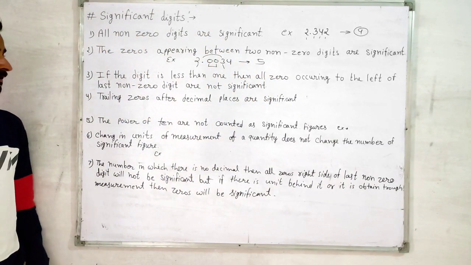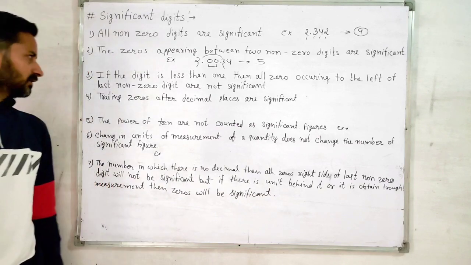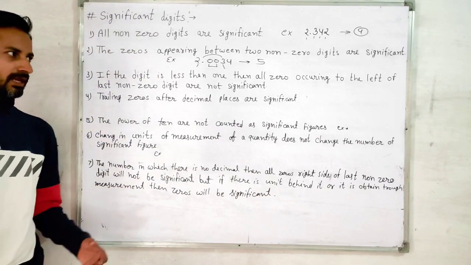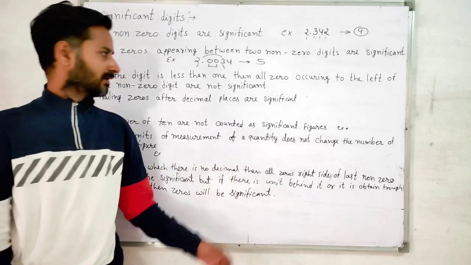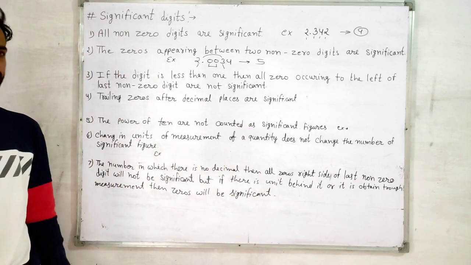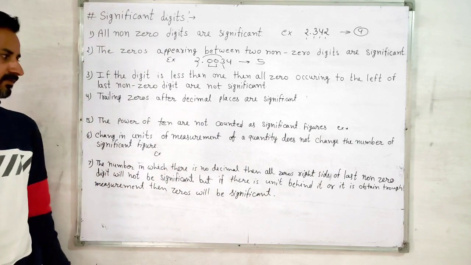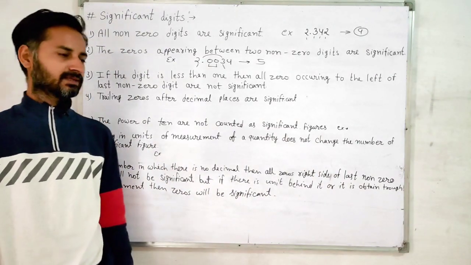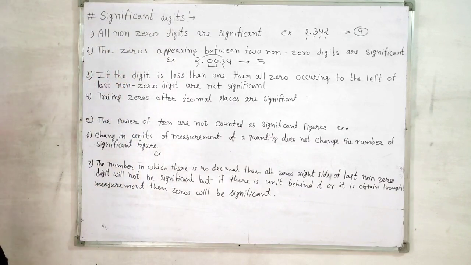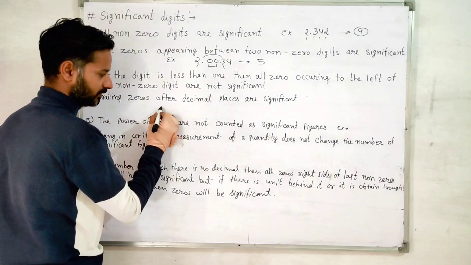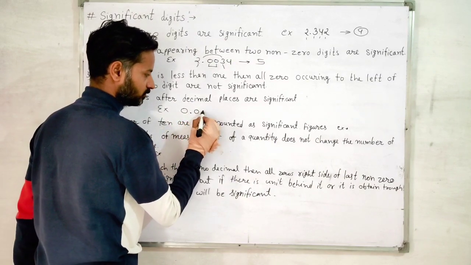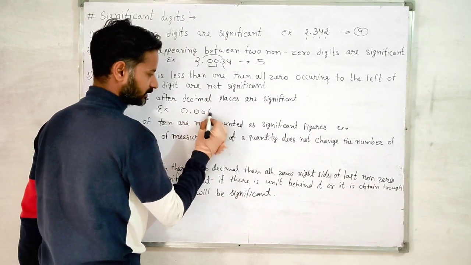Third and fourth rules: if the number is less than 1, then all zeros appearing to the left of the first non-zero digit are not significant. And the fourth rule is trailing zeros after the decimal point are significant. For example, we have 0.0060.